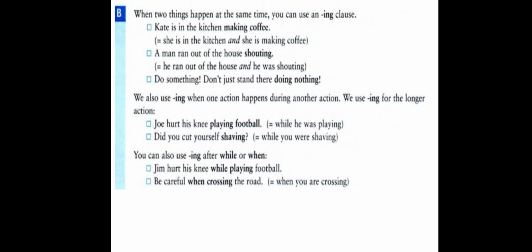Jim hurt his knee while he was playing football. So we can cut off he and was and leave while. It becomes like this: Jim hurt his knee while playing football.